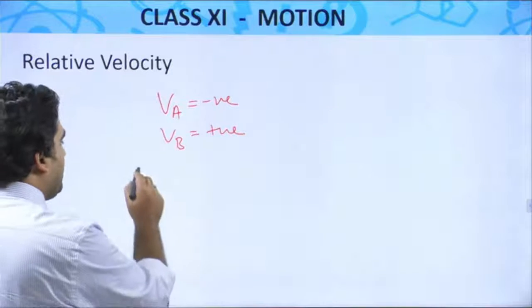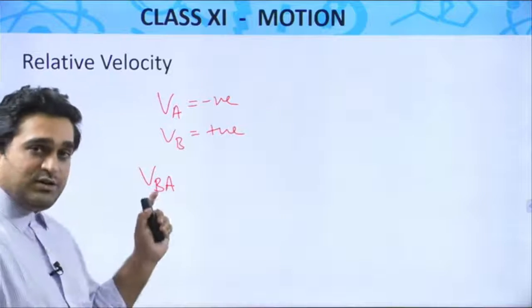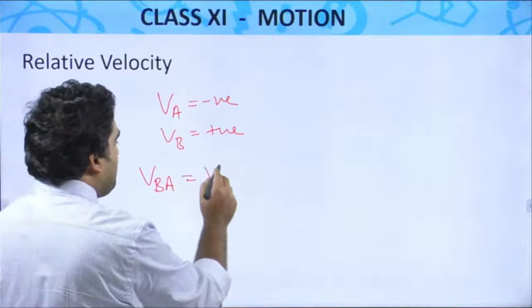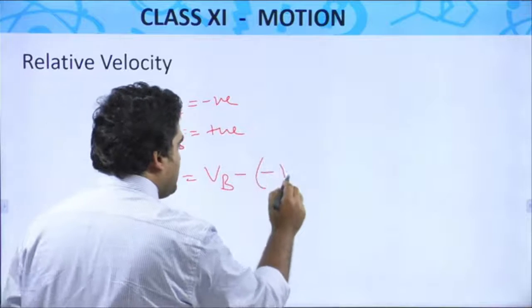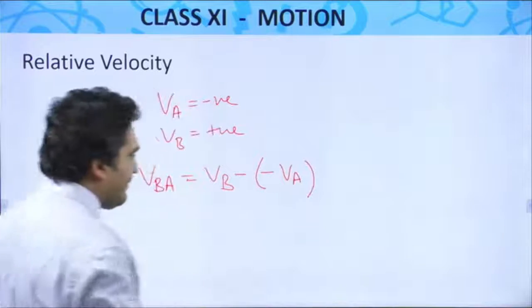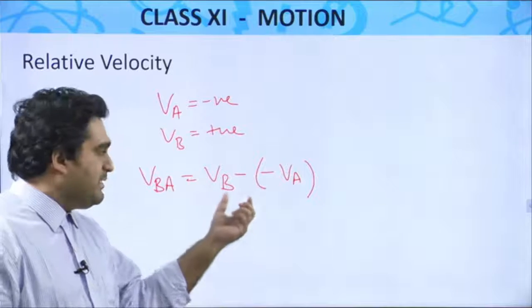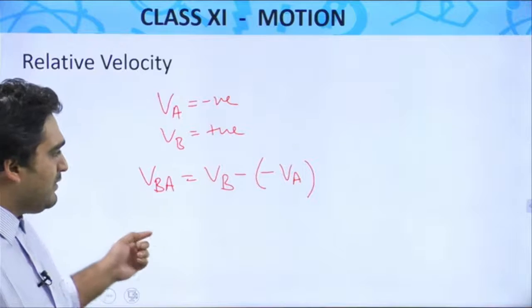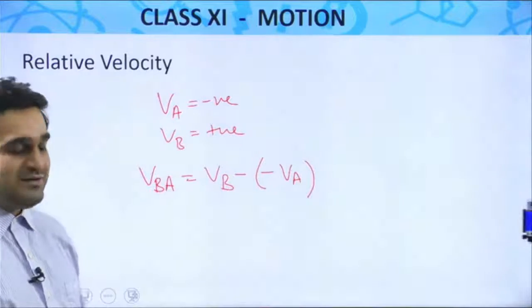Therefore, when you make an observation, that is the velocity of B with respect to A, it equals VB minus VA. Usually the term we write is VB minus VA, but what we noticed here is that train A is traveling in the negative direction.